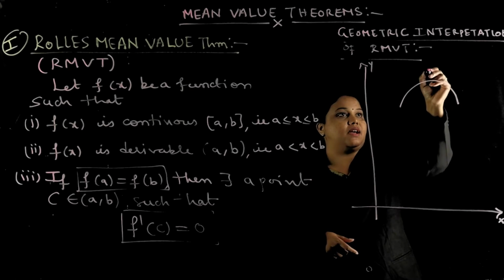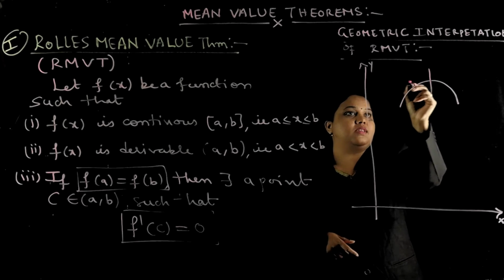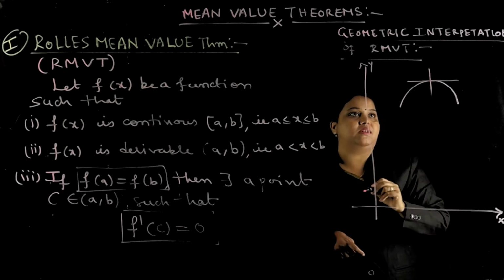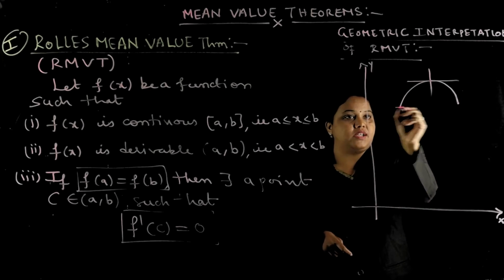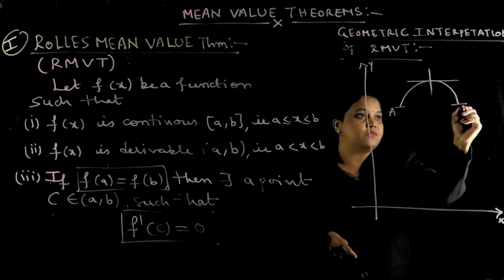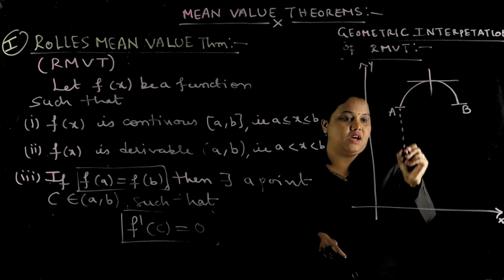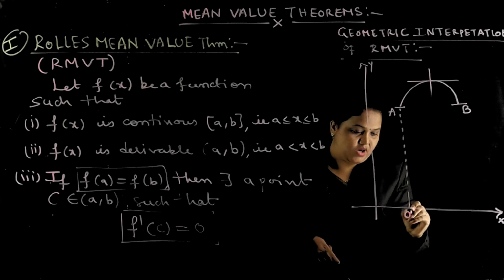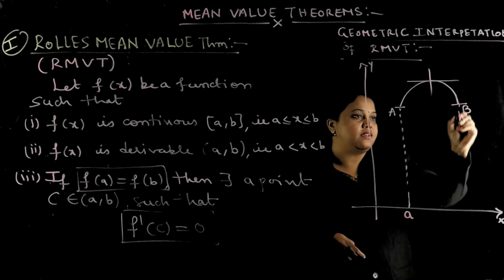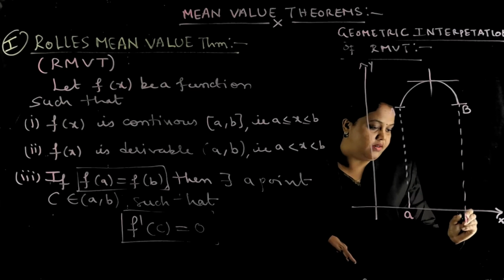Now let us take that, suppose that there is a unique tangent at this point, right? So this point is nothing but A, this point is nothing but your B. Now this is what is represented on x-axis, this is what is represented on y-axis.